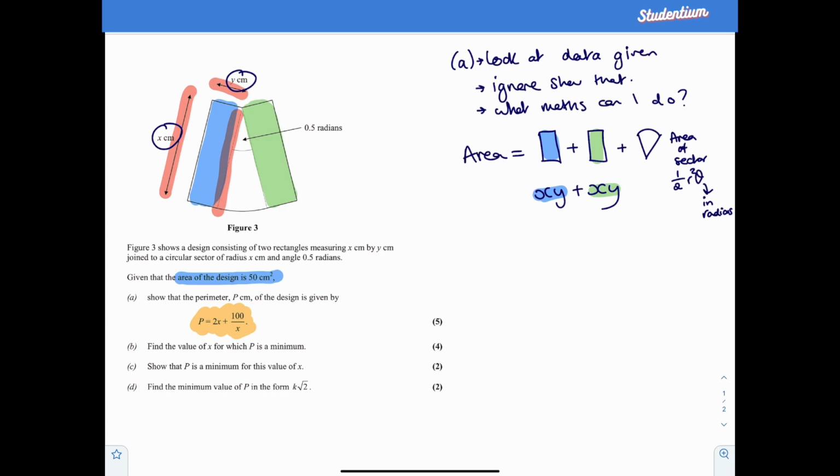In this case, the radius we were told in the question was x, and the angle is 0.5 radians. So the area of that sector is a half x squared times theta, which is a half. That would be the area of the sector.